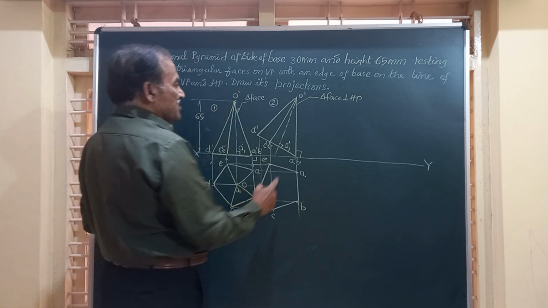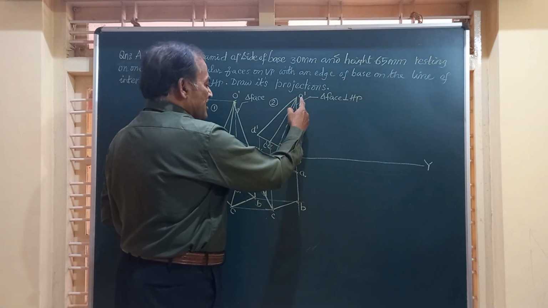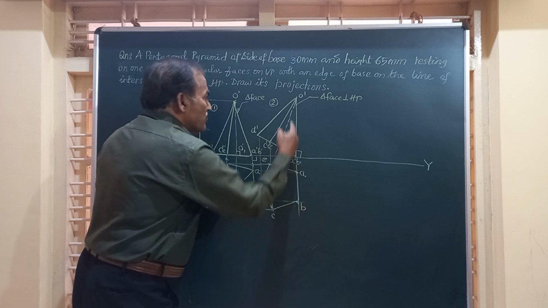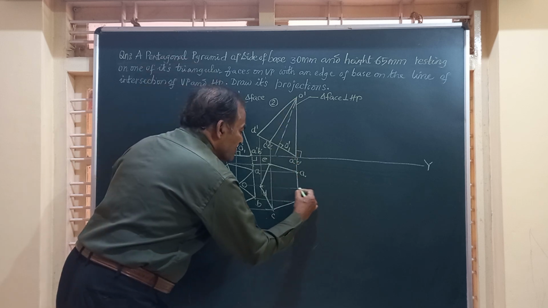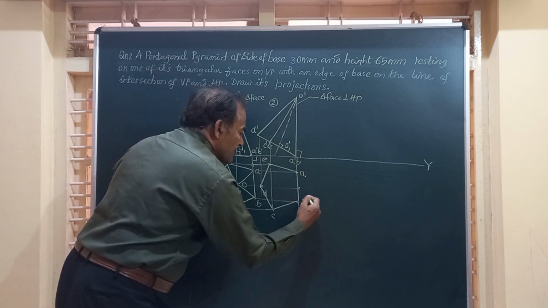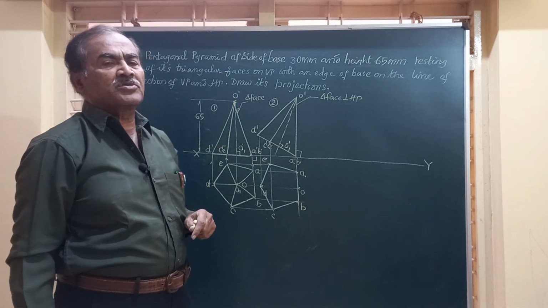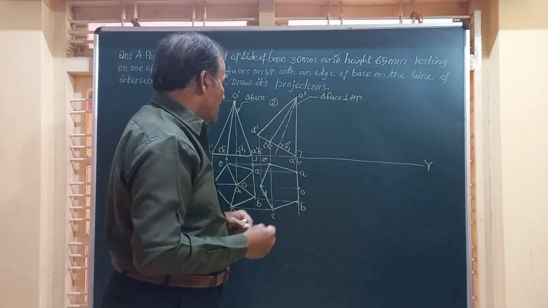Then friends, the vertex O is here. You draw a horizontal line from here, a vertical line from there. They meet exactly in the center of AB. We will call it O. So O is to be joined to all the corners.